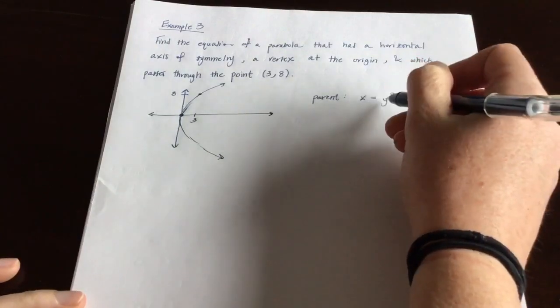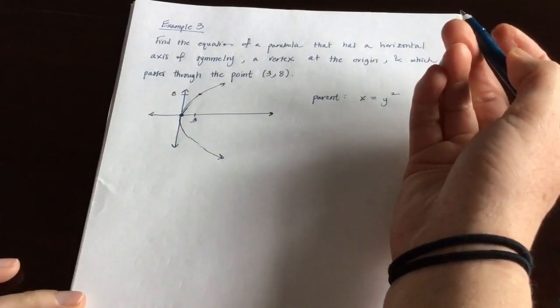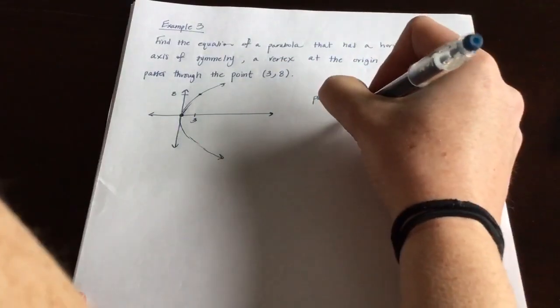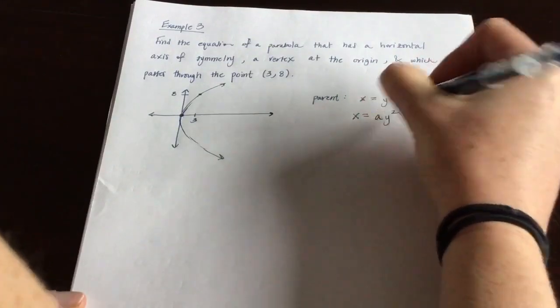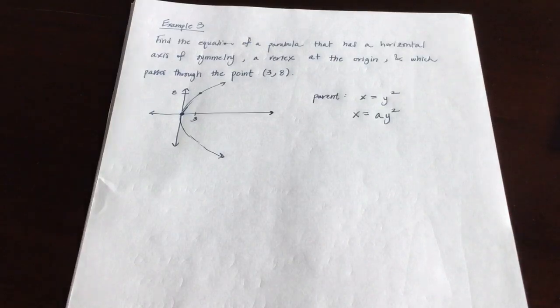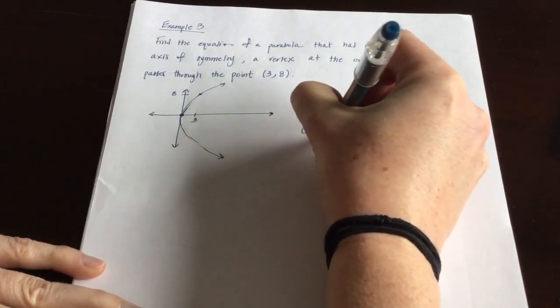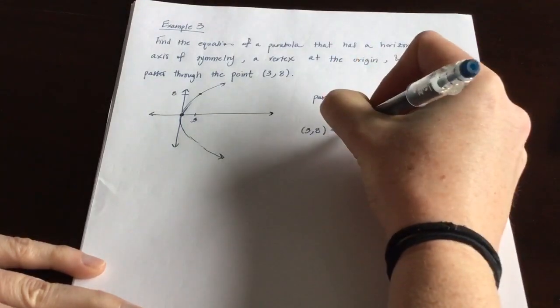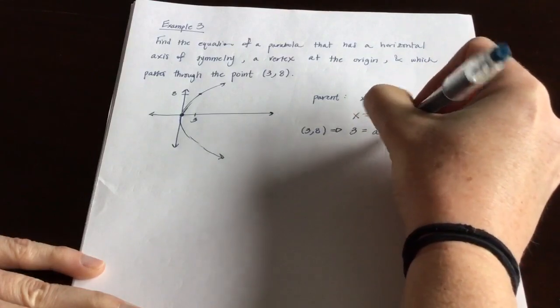The only difference between this and something that would have to hit the point 3,8 would be a stretch factor. So you could put your stretch factor, I like calling it A, on your squared term side, and then say, hey, you need to hit the point 3,8. And this is a move that we've used quite a bit where you just force it to hit the point 3,8. So that means when x is 3, your y value would have to be 8.